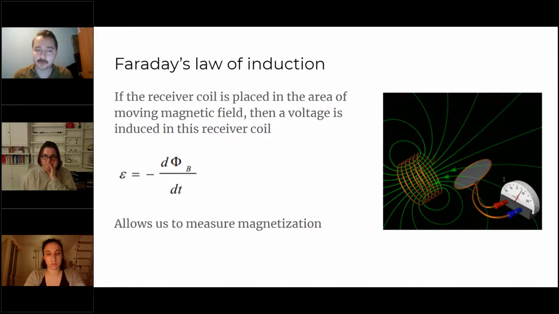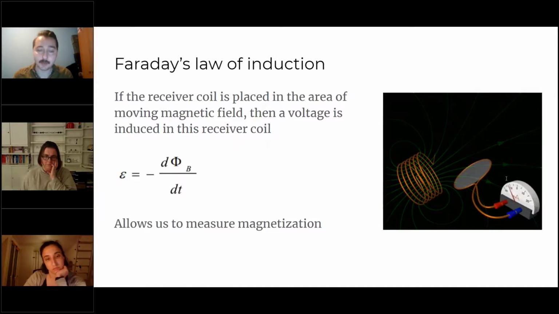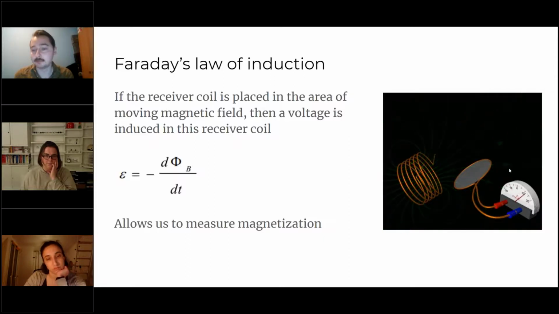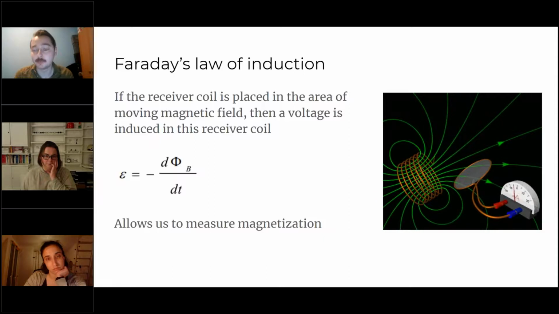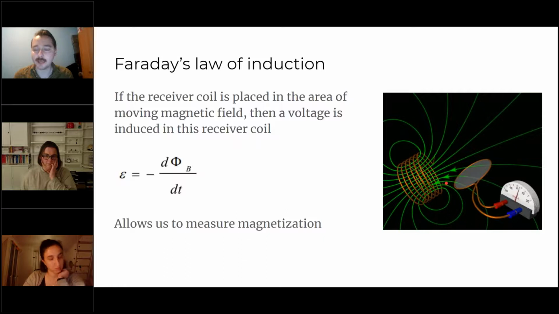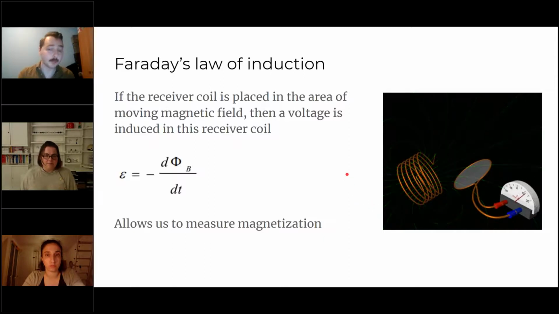This is really important for us, because it means that whenever there's a magnetic field, if we have a proper receiver coil made of, in the simplest case, copper (of course, we don't use copper in fMRI machines, but you get the point), it allows us to measure magnetization and translate it into an oscillatory electric signal. And this oscillatory electric signal is going to be the basis of our measurement of brain activity.